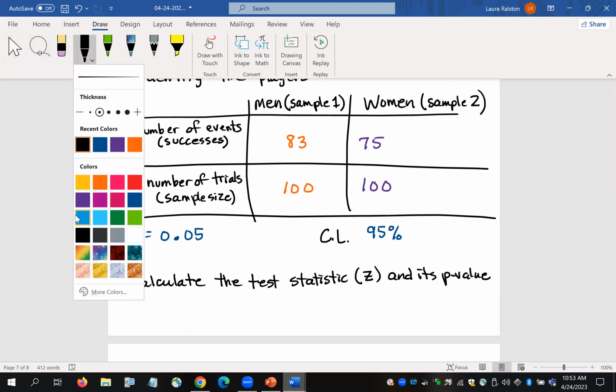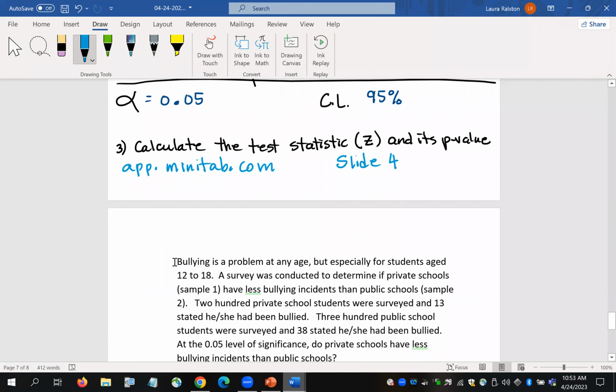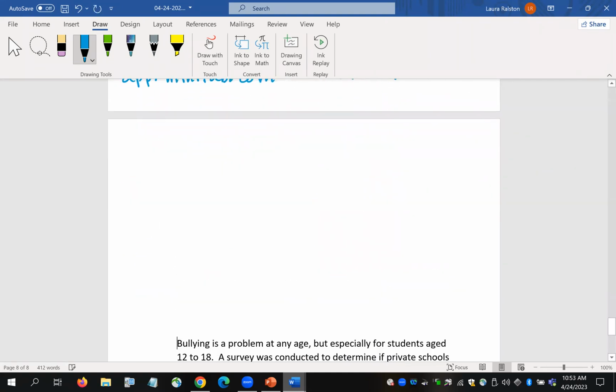Minitab is going to do that for you. The instructions are on slide 4 of the 2 proportion z-test PowerPoint.